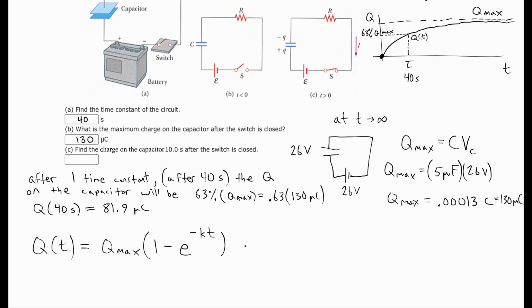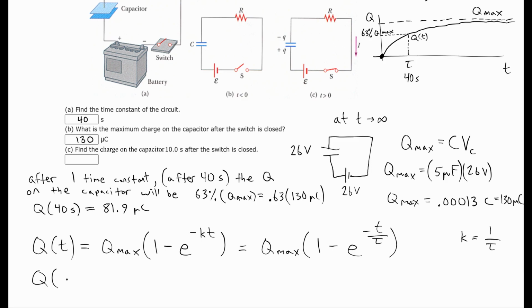So luckily, k can be expressed in terms of the time constant, believe it or not. So if I rewrite the formula, what it ends up being is that k is 1 over the time constant. Okay, so k is 1 over tau.